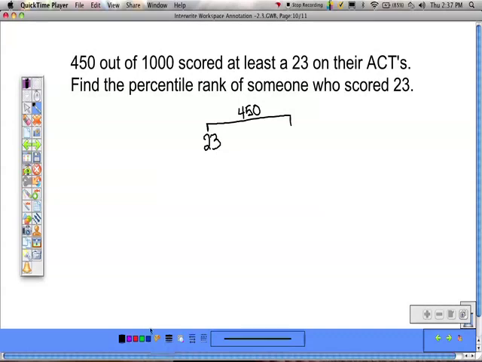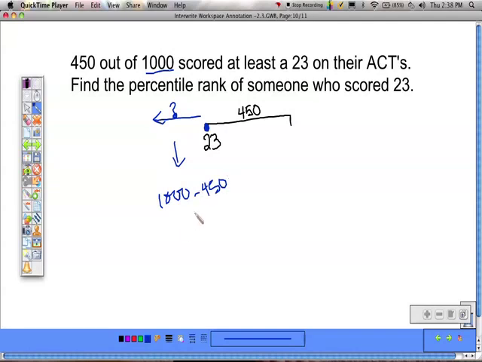We have to figure out, at this percentile rank, how many people scored below us. We know there's 1,000 people that took the test. So we take 1,000, and from that we're going to subtract 450, and that'll tell us how many people are below us.